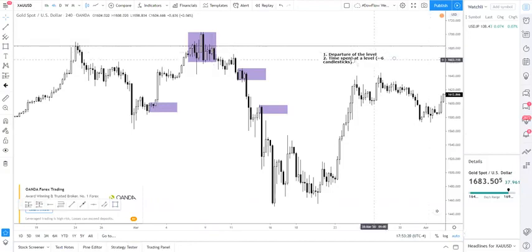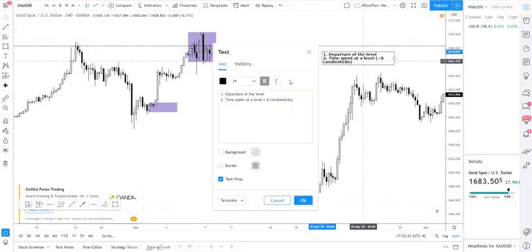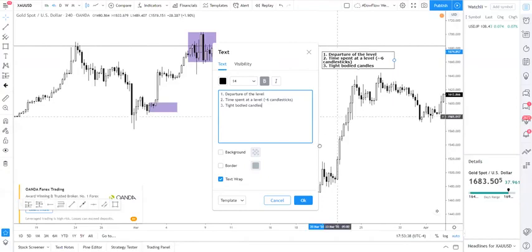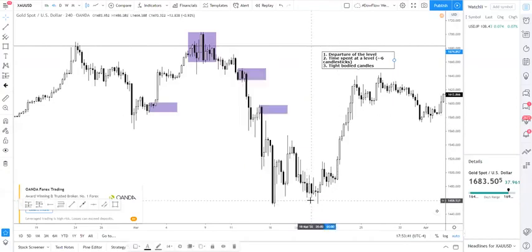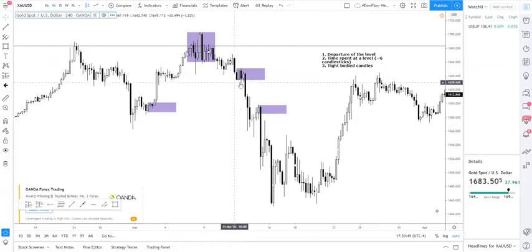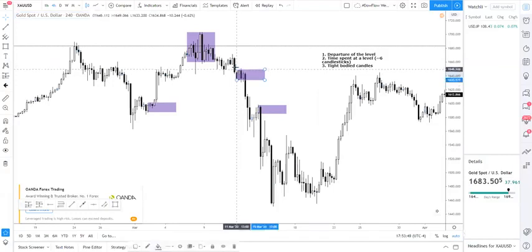One more thing to note is the other factor that we also look at: you want tight bodied candles. Basically, it means you want a tight range. So if you look over here, you realize that the candles are relatively small. The whole range of this consolidation is rather small, tight, and very compact versus this here.